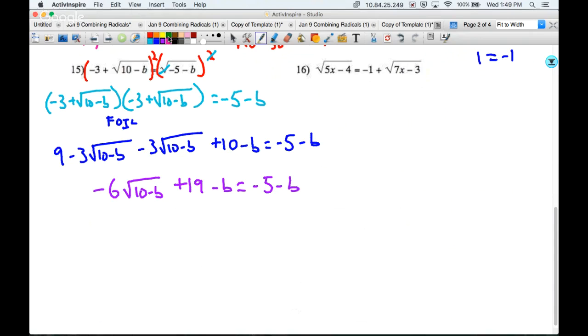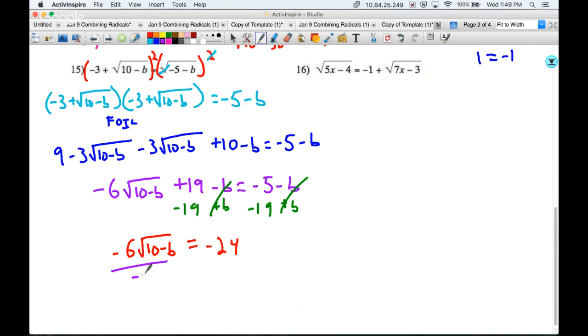Continue to combine like terms by adding b to both sides. We see the b's actually cancel out. That's convenient. Subtracting 19 from both sides, now I've got negative 6 root 10 minus b equals negative 5 minus 19, which is negative 24.